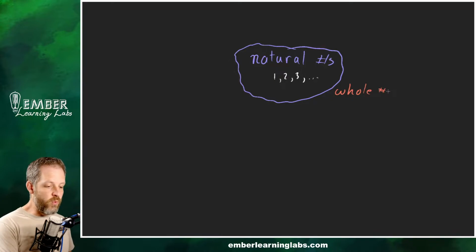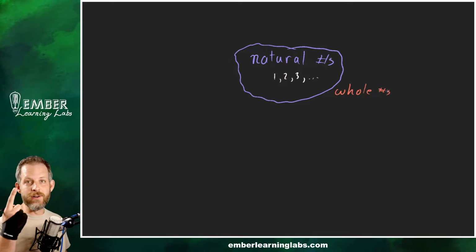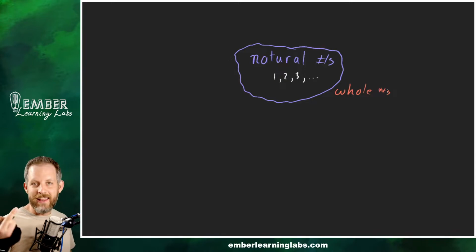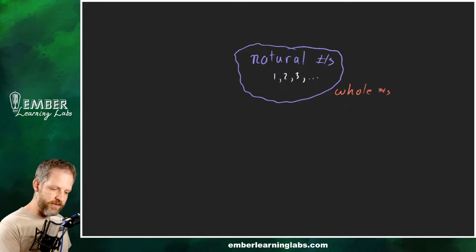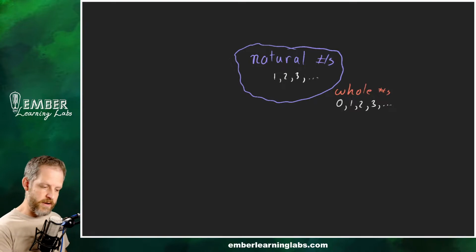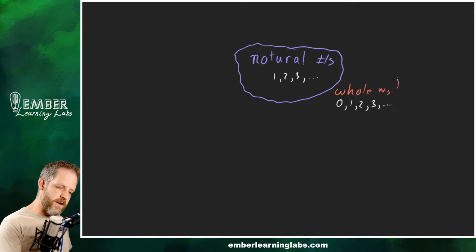They add one and only one number to the natural numbers. The whole numbers are natural numbers plus 0. So 0, 1, 2, 3, etc. So the same set of numbers, but just a little bit bigger, right? So there's our next layer of our amoeba.